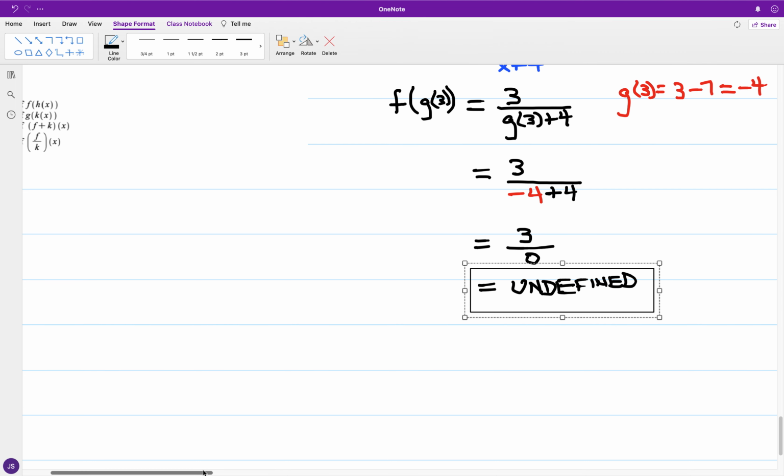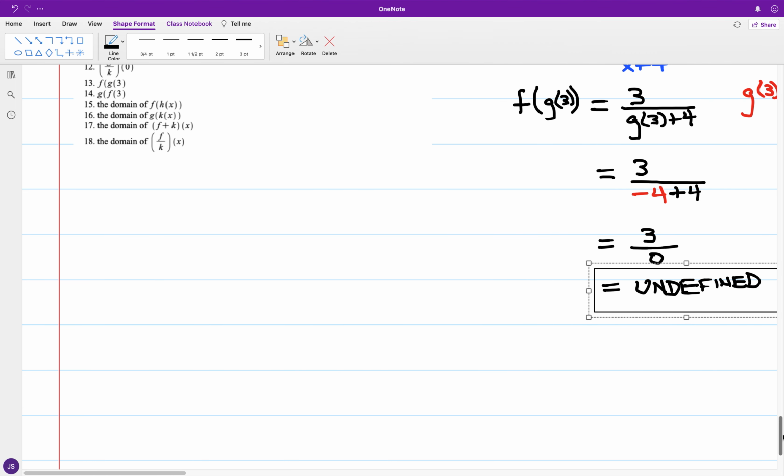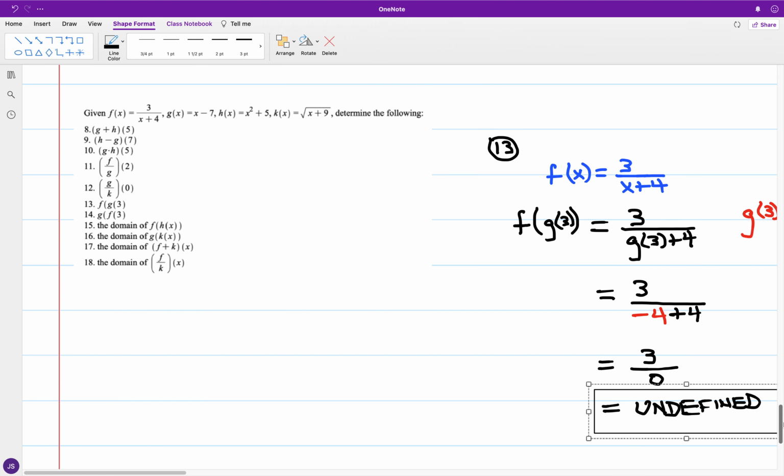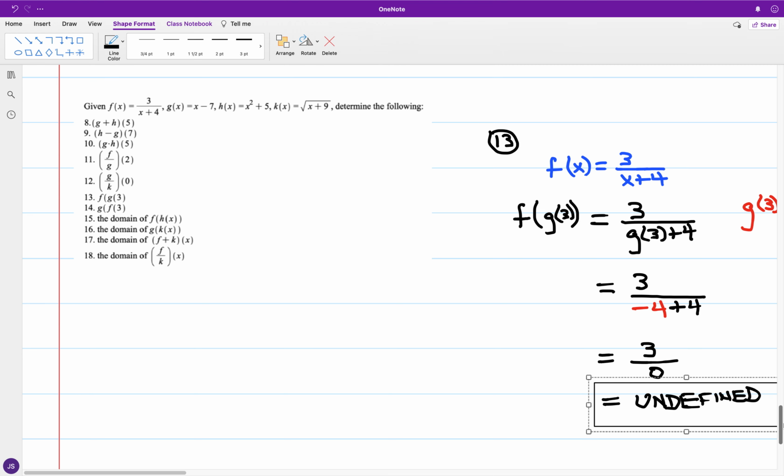Now, reversing the order of the functions, we're now looking at g of f of 3.